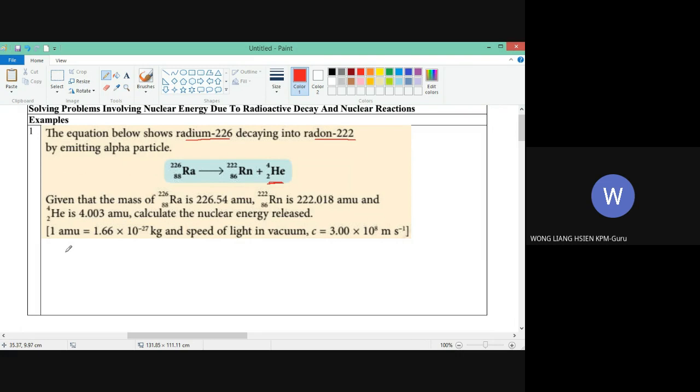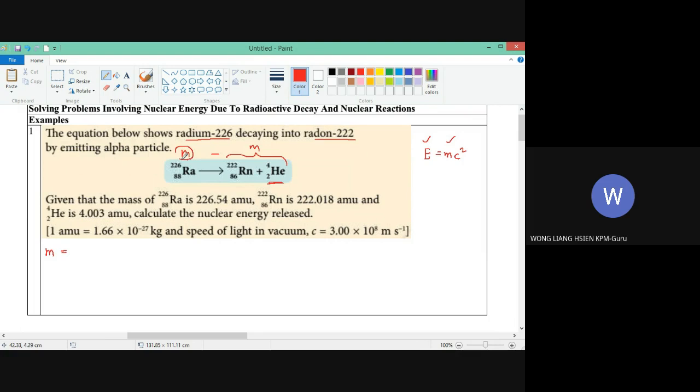The equation to calculate nuclear energy release is E equals mc squared. So if we want to calculate how much energy, we need the mass effect. We need to calculate how much mass is lost. So first we calculate the mass effect. The mass effect will be all of this mass minus all of this mass.